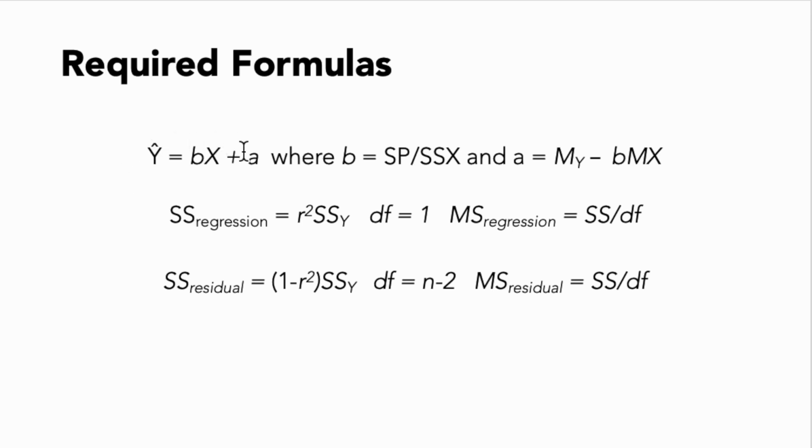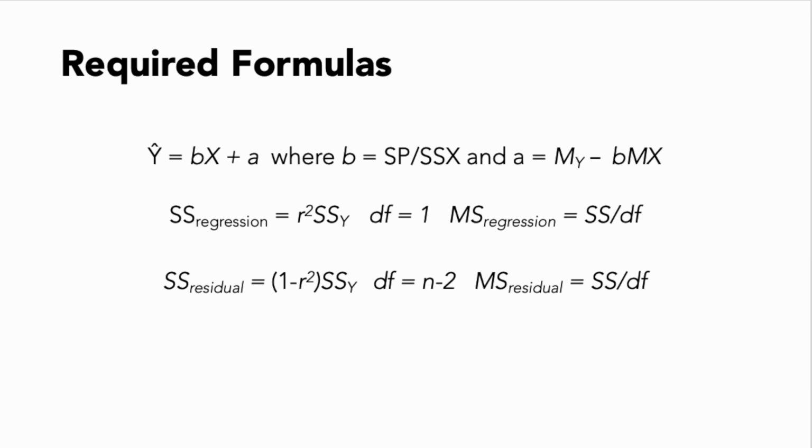This is the main formula, y equals bx plus a. Here b is derived through the sum of products and sum of squares x, and a is derived through mean y minus slope times mean x. And then SS regression, SS residual, MS regression and MS residual are once again formulas that you need to run a regression, but we'll come there.